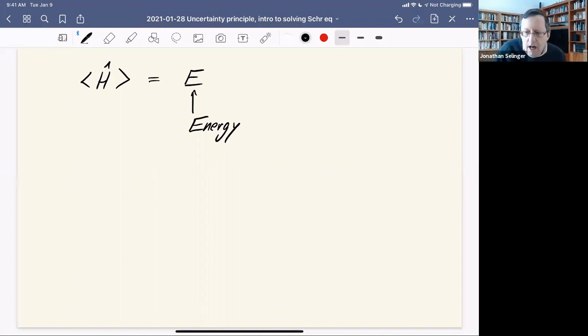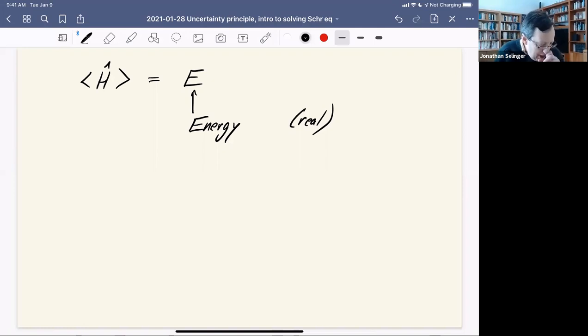It is the expectation value of this Hamiltonian, the total energy operator. And energy is a physical thing, which is real. That's what I wanted to prove before. It is a real, not a complex number. So this is another important thing that we learn from working with these separable states: the parameter E is the energy, which is the expectation value of the Hamiltonian operator.